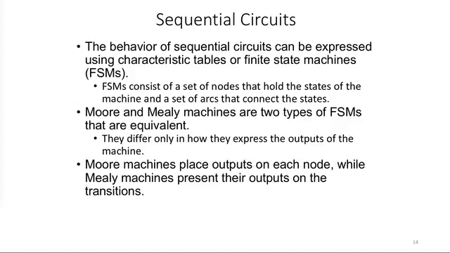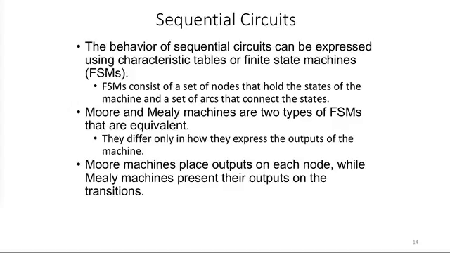In order to characterize the behavior of a sequential circuit, we can use the characteristic tables, or we can also use the finite state machine. Basically, the finite state machine consists of a set of nodes that hold the states of the machine or the circuit, and a set of edges or arcs that connect the nodes, or the states, together.